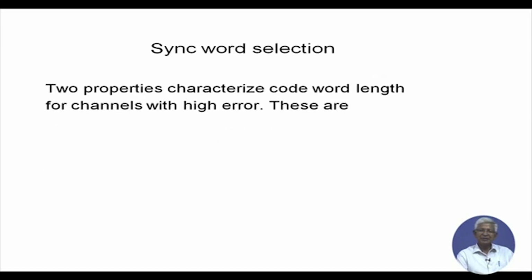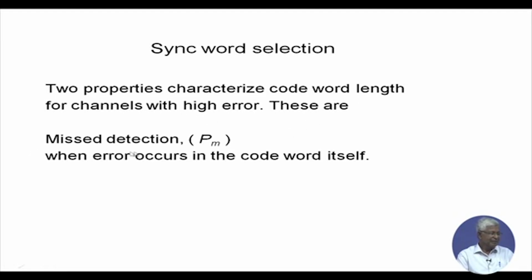But let us concentrate a little more on this synchronization word, which is common to telemetry frames as well as telecommand frames. Now, in this synchronization word, two properties characterize the code word length for a channel with high error. These are the missed detection probability PM, when errors occur in the code word itself, that is, the sync word has certain errors, so the sync word itself is missed.